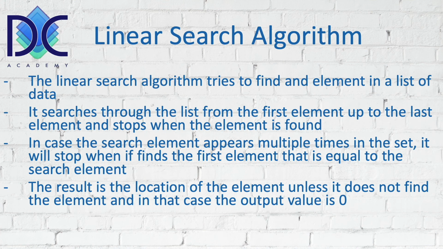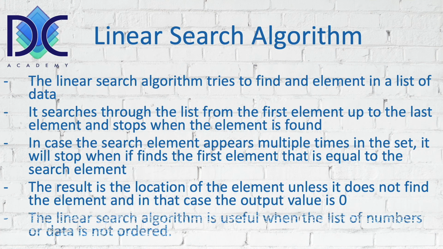Of course, sometimes we do a search and we get a result back of not found. Because of some conditions, the value that we want to find may not be part of the list, and in that case we get the result: element not found.